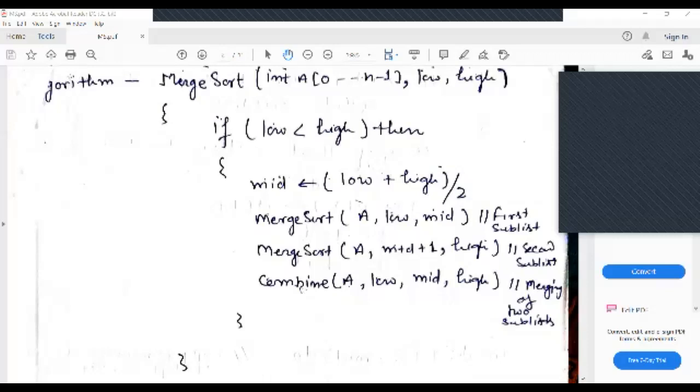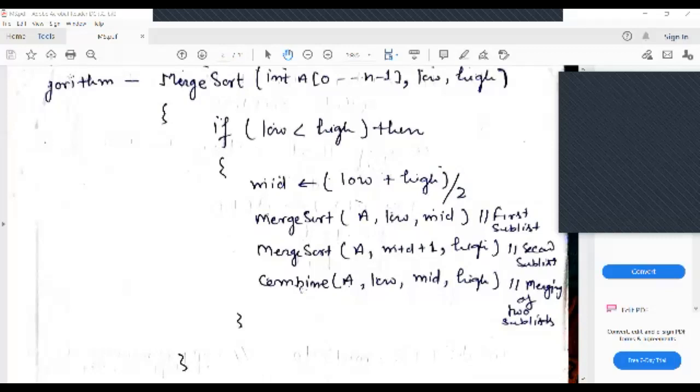Next, the third thing is the combine. Combine is the important step of merge sort. This combine is the procedure which actually sorts the data.